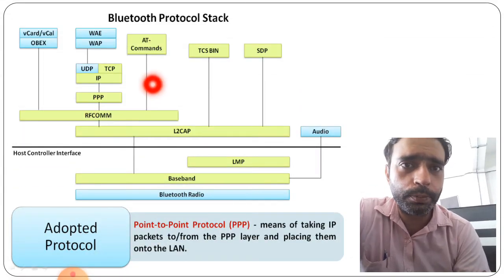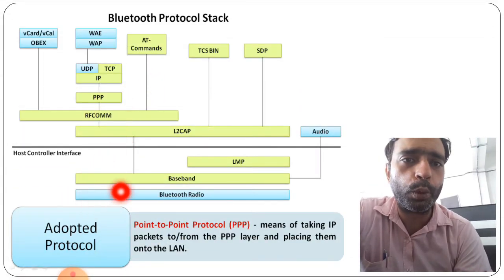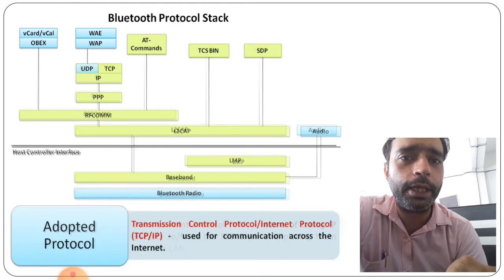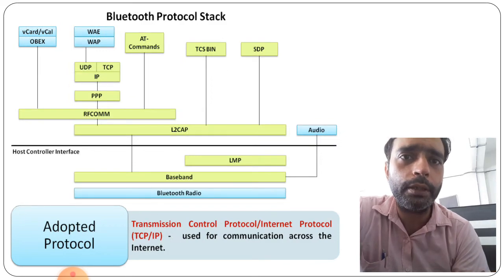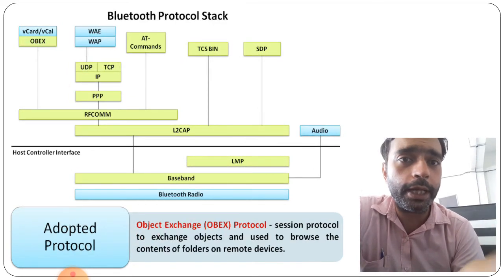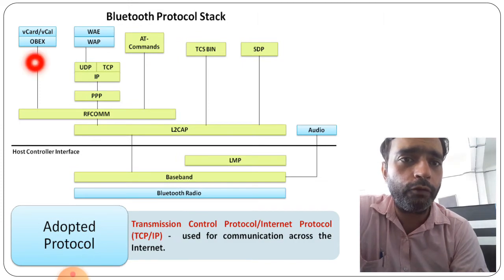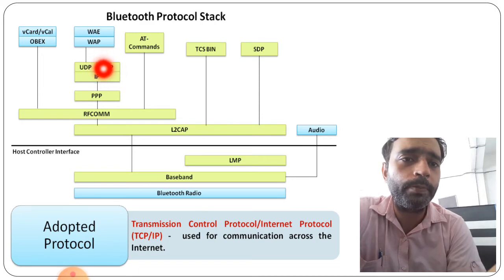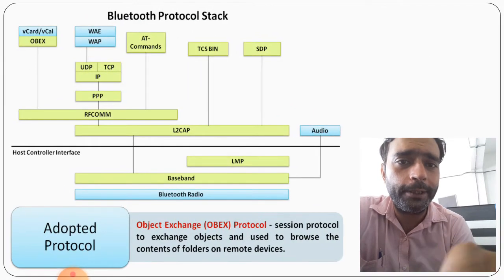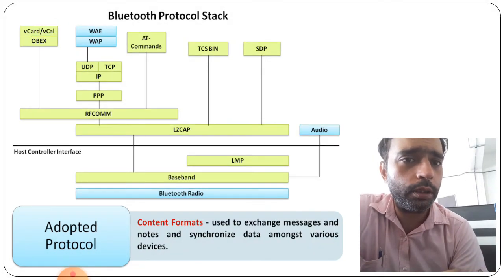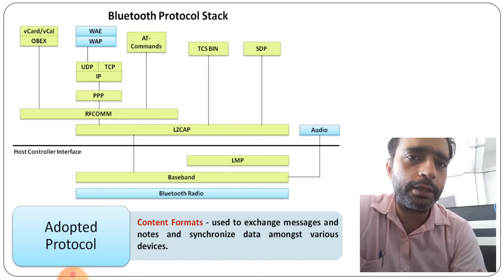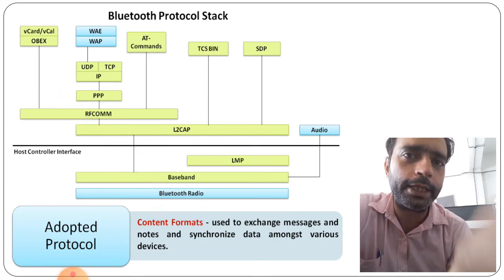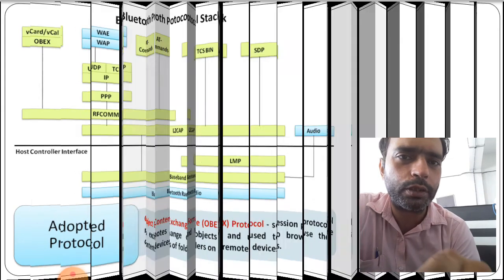Next, these are the adopted protocols: the point to point protocol, then TCP, then object exchange, then the transmission control protocol and IP, which are also adopted protocols. After the object exchange, vCard, the content format, is also an adopted protocol.